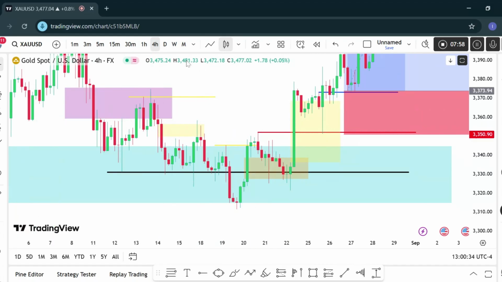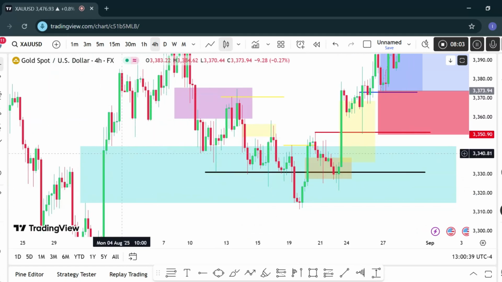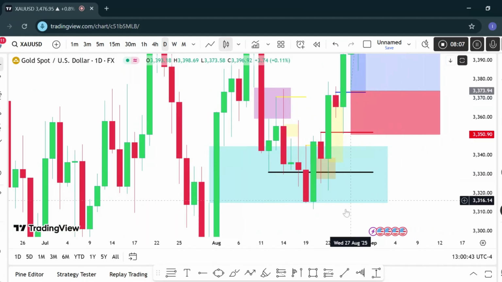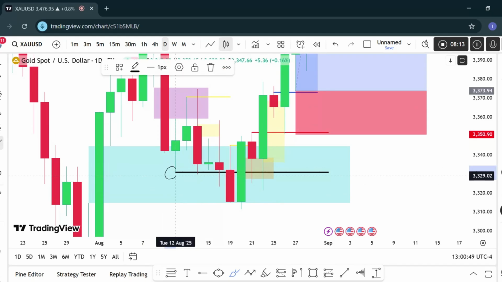Now the market, our inducement and our setup, where it happened in the daily. You must wait for the market structure to happen in the daily, which means that inducement being taken out there is no market structure there. Where is the market structure? We must close above that high.